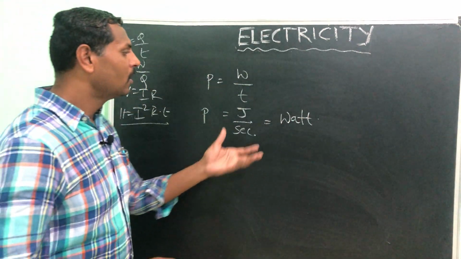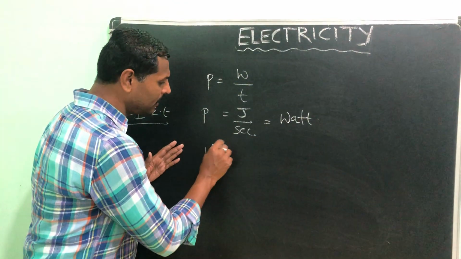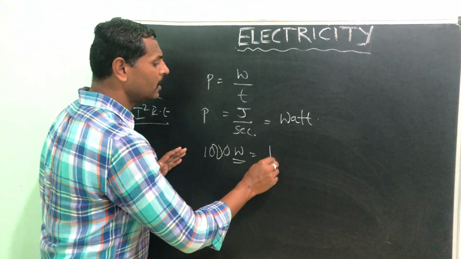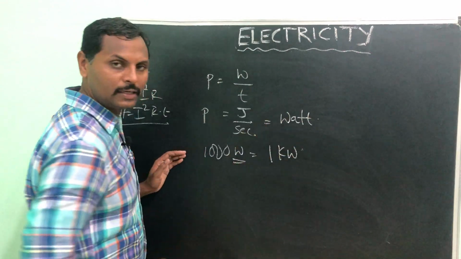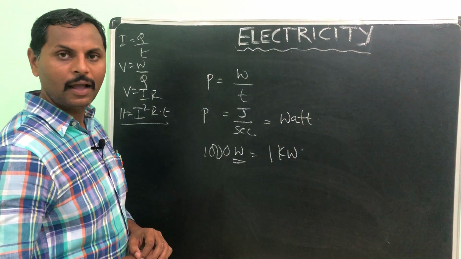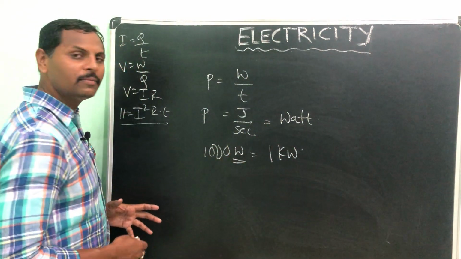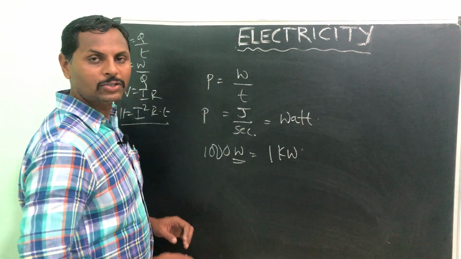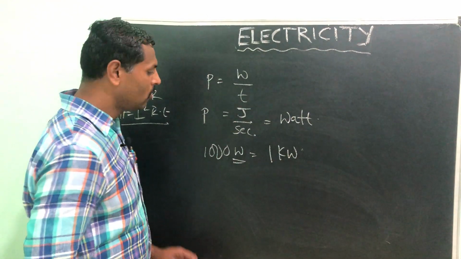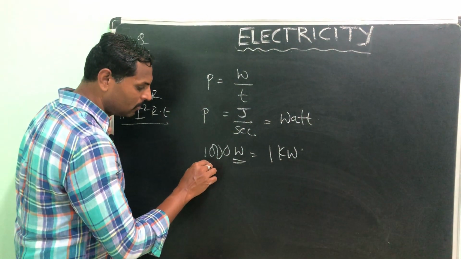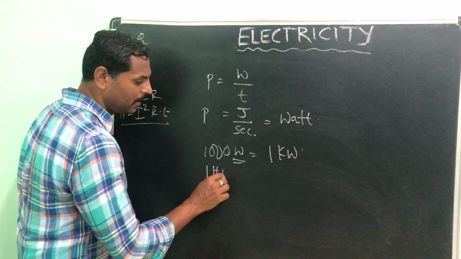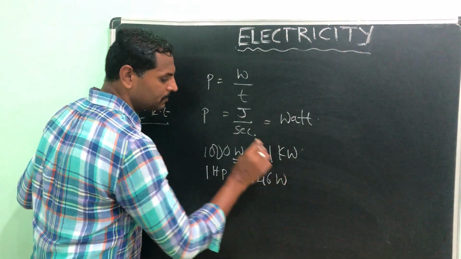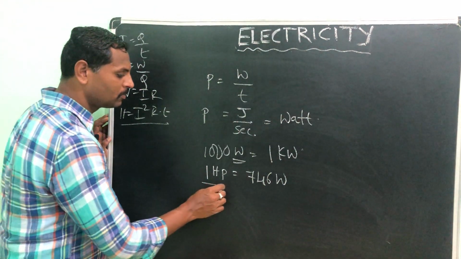Watt. So 1000 watt is equal to 1 kilowatt. You know that, 1 kilowatt. Understood? So watt can be converted into horsepower also. 1 horsepower, 1 HP is equal to 746 watt. 1 horsepower.